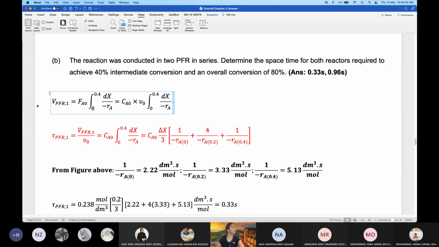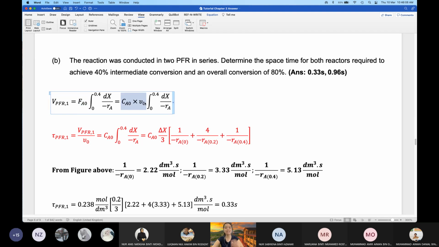Okay. So if you check this first part of the equation, volume tu kita dah ada. Saya nak cari tau, saya tahu kena ada initial volumetric flow rate. Volume saya dah ada, tapi initial volumetric flow rate saya tak ada lagi. Tetapi kamu pernah ingat, molar flow rate FA0 ni kan sama dengan CA0 multiply with V0.